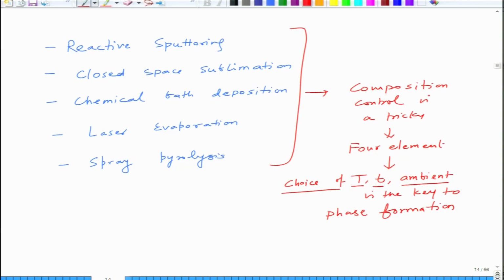And this is where your knowledge of phase diagrams is very important. We do not unfortunately have time to go through the details of phase diagrams, but to understand phase diagrams is important. So, we will stop here today.